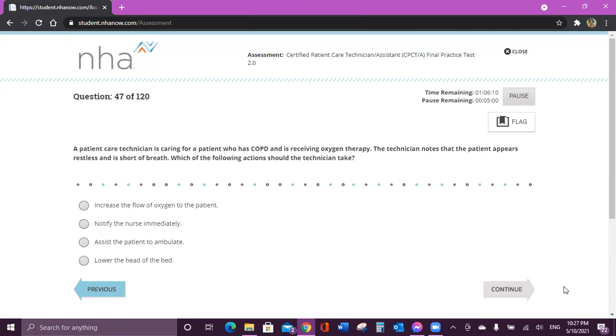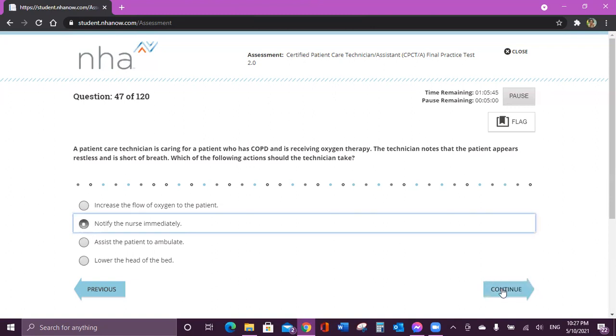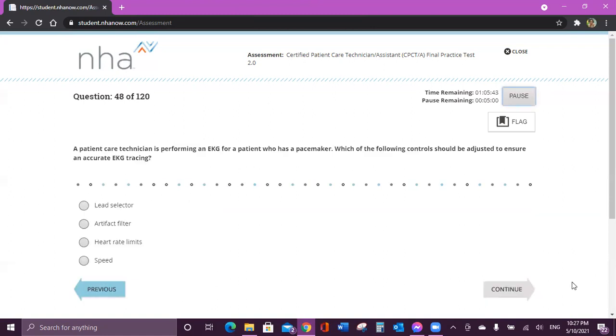The technician notes that the patient appears restless and is short of breath. Which of the following actions should the technician take? Increase the flow of oxygen to the patient, notify the nurse immediately, assist the patient to ambulate, lower the head of the bed. Notify the nurse. The others would kill him. If the technician does anything else, it could kill him; they have to call right away because they don't know what they are doing.